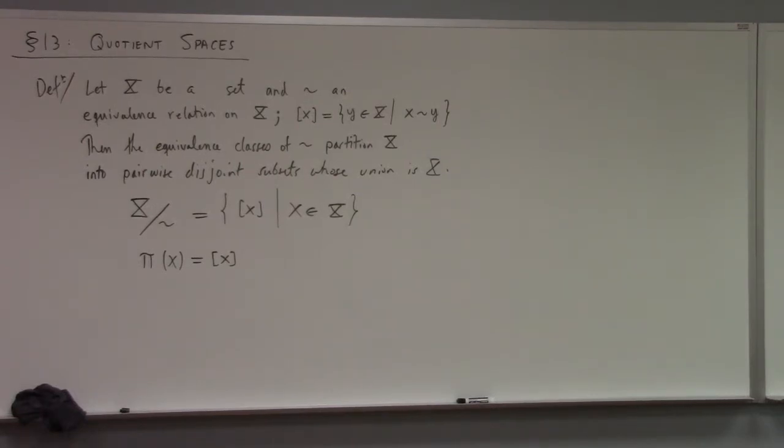Pi of x would be x times H, or x plus H if we're in an additive context. This matches the previous usage of pi from group theory. But it doesn't have to be that. This could be whatever kind of crazy equivalence class. There's no group structure necessarily associated with it. It could be abstract and geometric like we started with. Okay? So then that's a set.